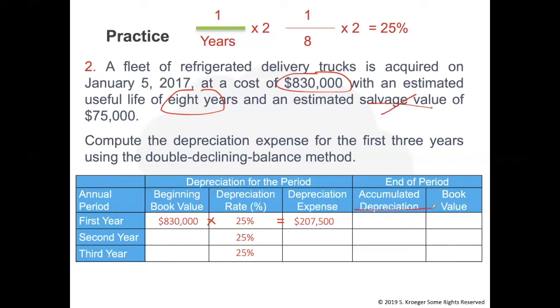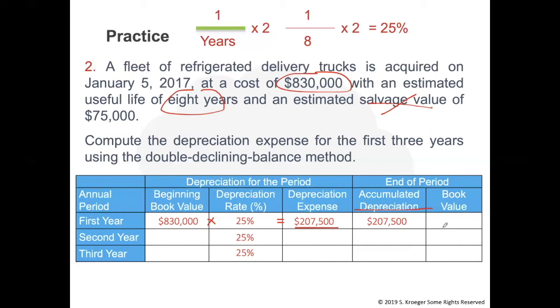Accumulated depreciation is the total depreciation we've taken throughout the life of this asset. In the first year, we have not taken off any depreciation before this year. So accumulated depreciation in the first year is just the amount of depreciation we calculated that year. Each year after, we'll add it all together.